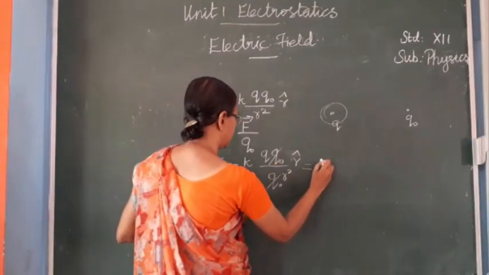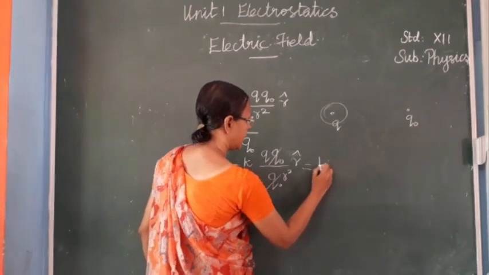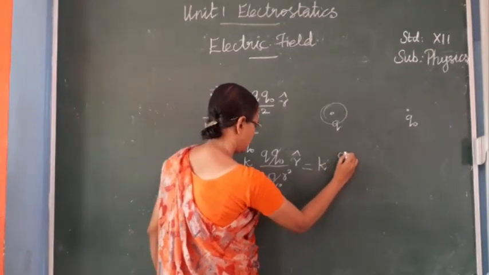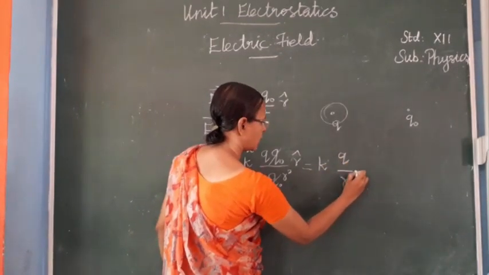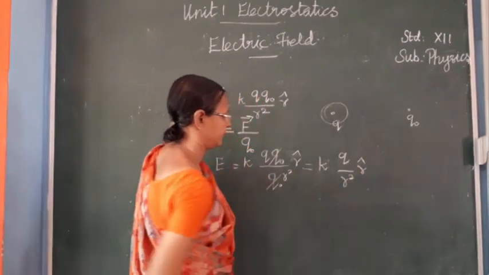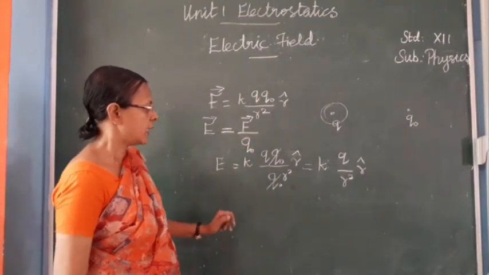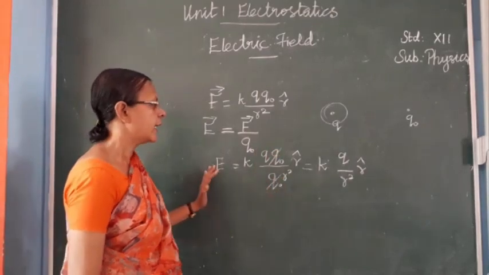So what do we get? K, the proportionality constant, Q divided by R square, R cap. This is the formula for electric field.